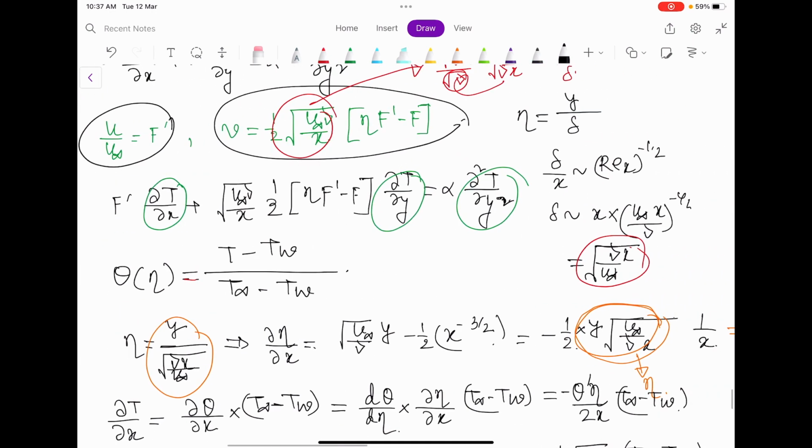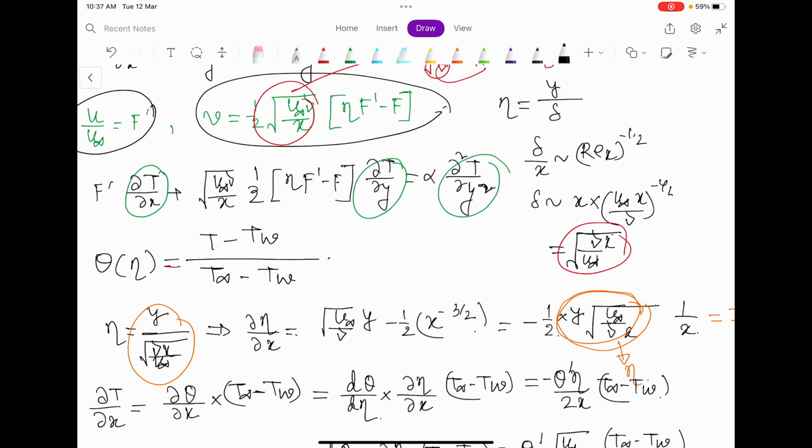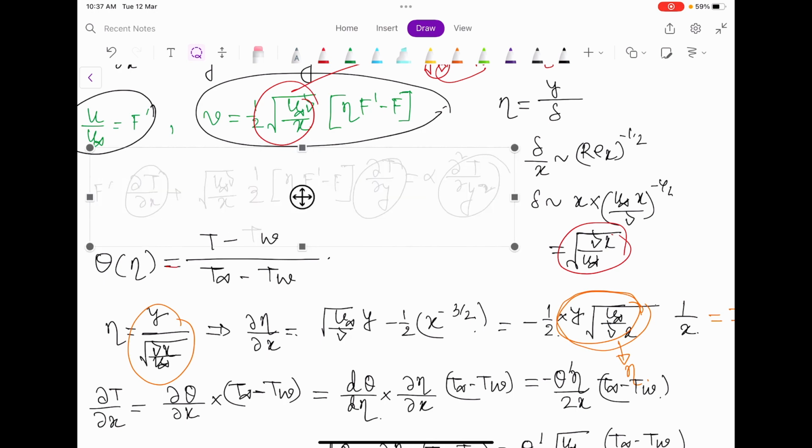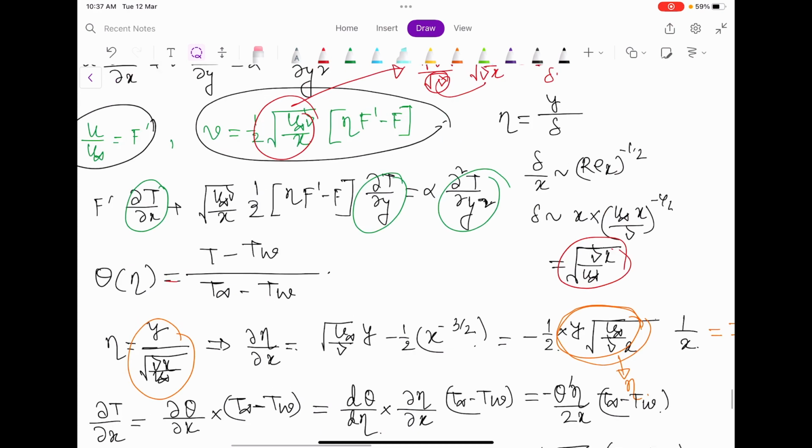This was our actual energy equation. So let me cut it. Okay, so let me cut it here. Not cut it, let me paste it. Copy and paste it.